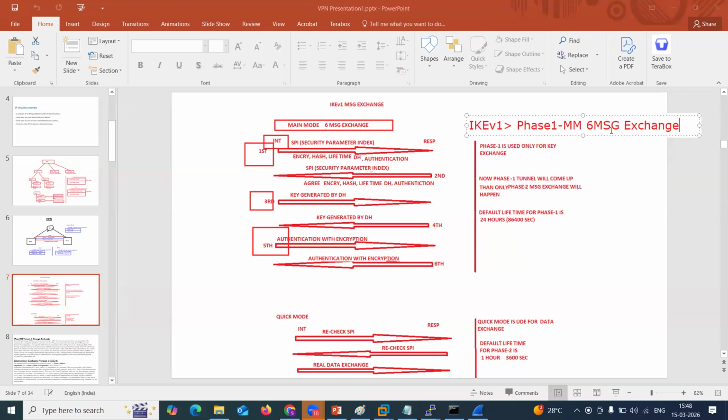So you have to do research on these 6 message exchanges. And while learning these 6 message exchanges, you guys also have to understand what is NAT-T. Right? So these are your 2 tasks. Please check in your Zoom chat, guys. I have given these 2 tasks. Please note it down.